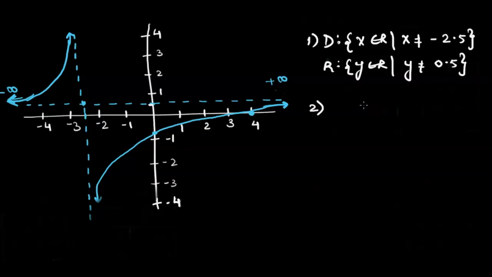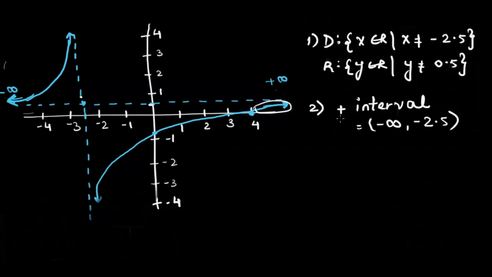An important thing that has been left out and has not been mentioned yet is the positive, negative, and increasing, decreasing intervals. So the positive interval we see is going to be from negative infinity to negative 2.5. The reason is that the graph is above the x-axis. So this whole section is above the x-axis, and we notice here that the graph surpasses the x-axis again after x equal to 4.